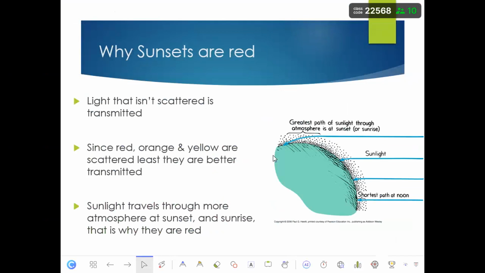In the middle of the day, the light passes through just this portion of the atmosphere of the earth. But at sunset or sunrise, it passes through a big portion of the atmosphere. That's why the other colors are absorbed and just the red or yellowish one is scattered more than any other. So during the sunset we see the visible light as a red light.